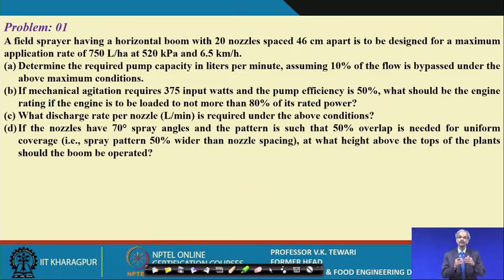So, for this, what is to be done? Determine the required pump capacity in liters per minute, assuming 10% of the flow is bypassed under the above maximum conditions. Then, mechanical agitation, because this will be a long one and agitation is required.